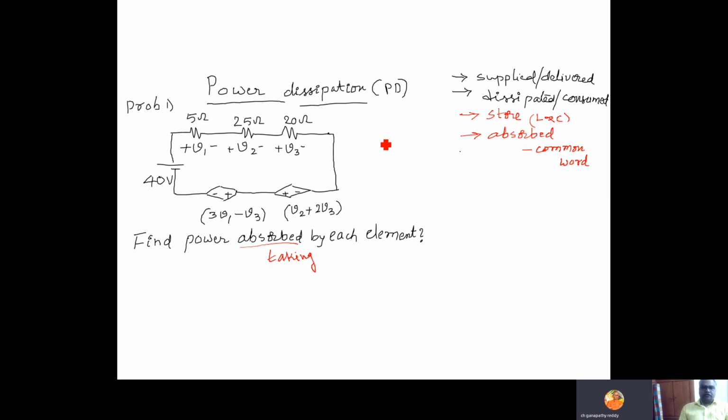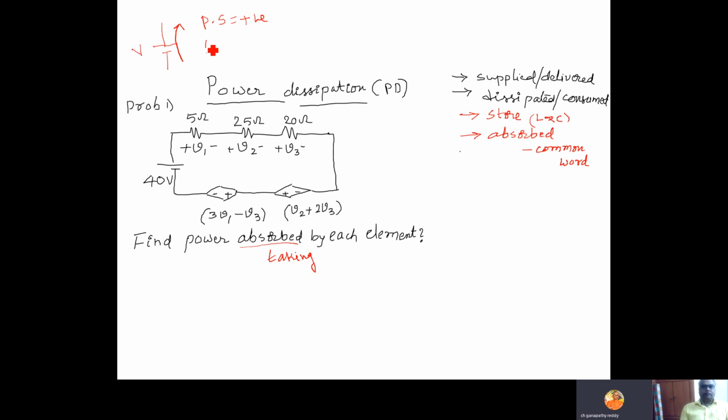What is the sign convention? Take a source of V. When current is flowing in this direction, from negative to positive, then power supplied is positive.